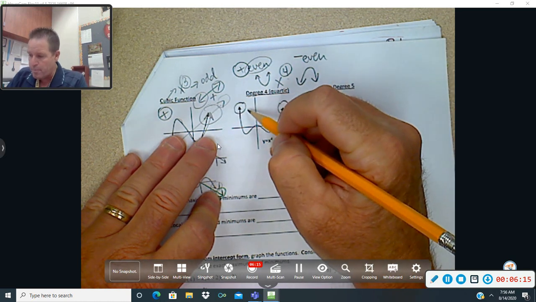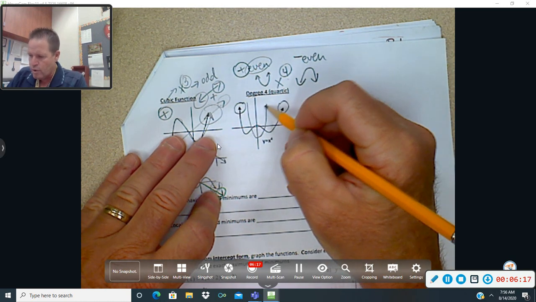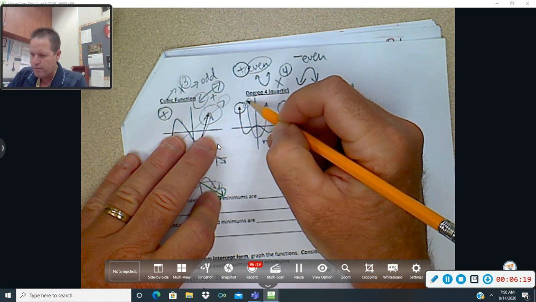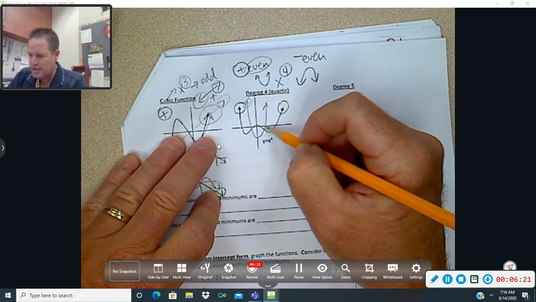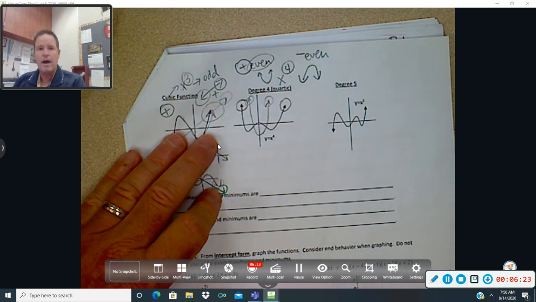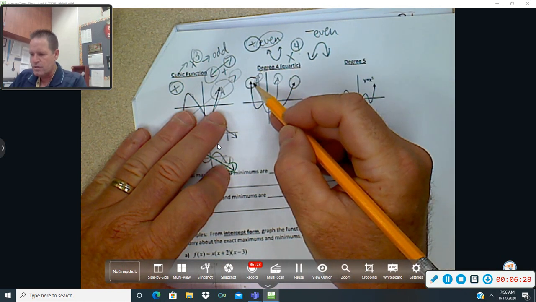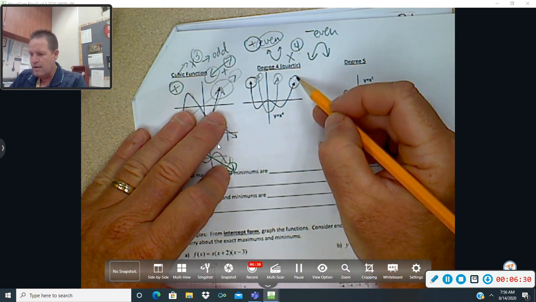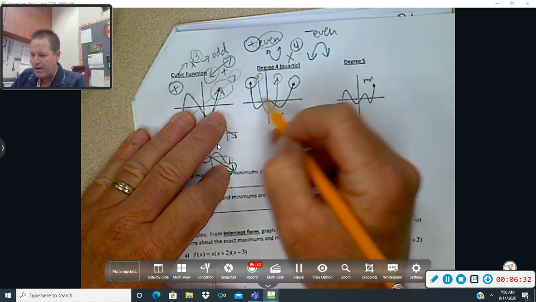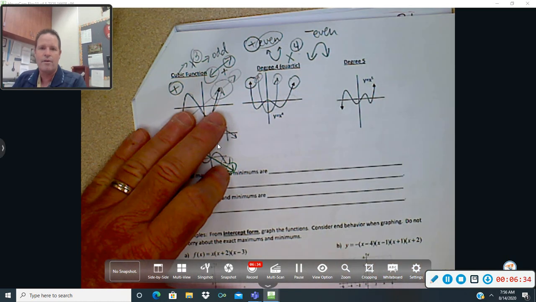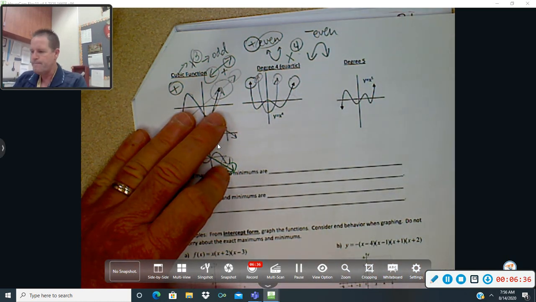Because a parabola that opens up, I'll draw it here on the picture, would start high over here, come down, do its thing, and then come back up and end high. So again, if it's even fourth degree, it's going to start high, do its thing, and then end high. Again, what we've got to figure out is what its do-its-thing part is.